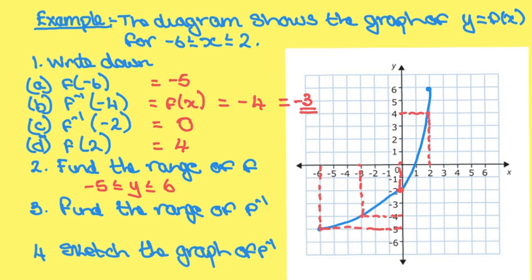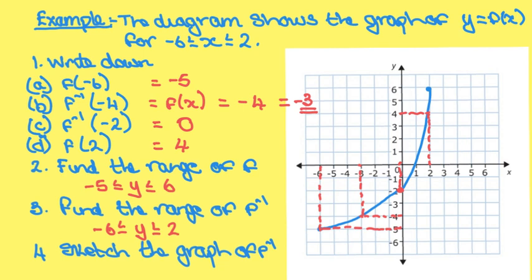F. Find the range of f to the -1. Well, the range of f to the -1 is my domain of f of x. So my domain of f of x is -6 to 2. So my range of f to the -1 is -6 less than or equal to y less than or equal to 2. And G. sketch the graph.